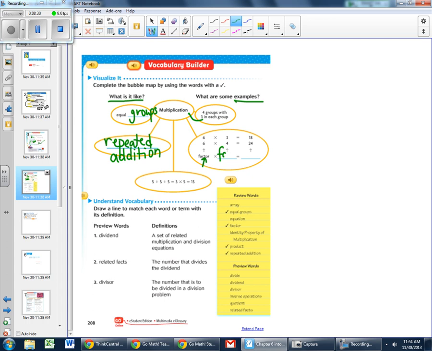And we just talked about this 4 being a factor. And 6 times 4 equals 24. It wants to know what the 24 is, and that's the answer, which we talked about being a product. Go ahead and fill those in. Remember, if I'm writing too fast or going too fast, you can always push the pause button.